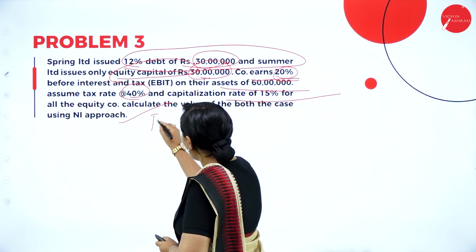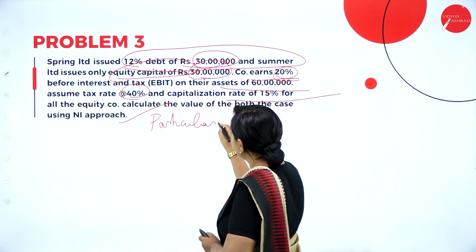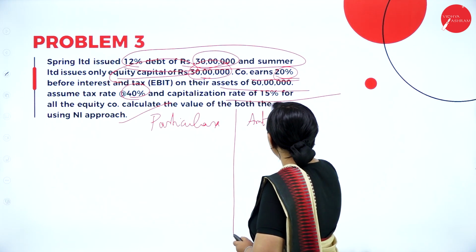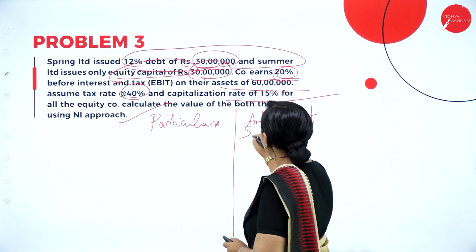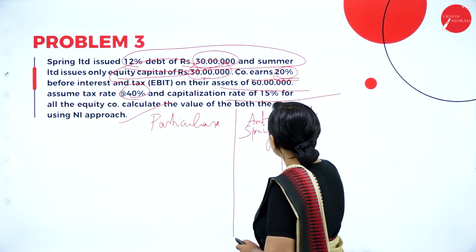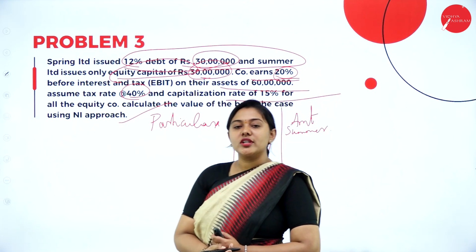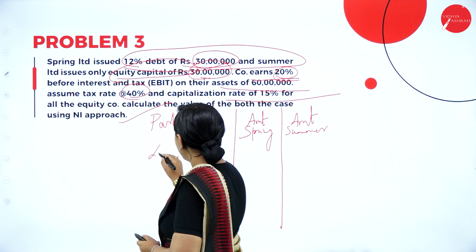So what is the format? Particulars, amount for Spring Limited and for the Summer Limited. So this is Spring Limited, this is Summer Limited. What is, according to our format, the first step to calculate EBIT?